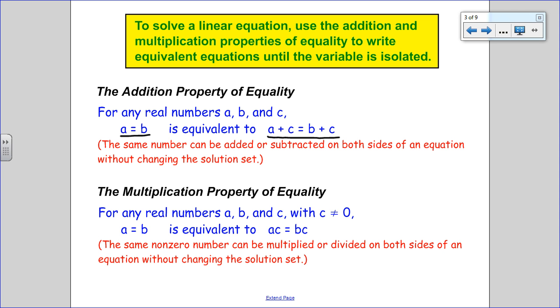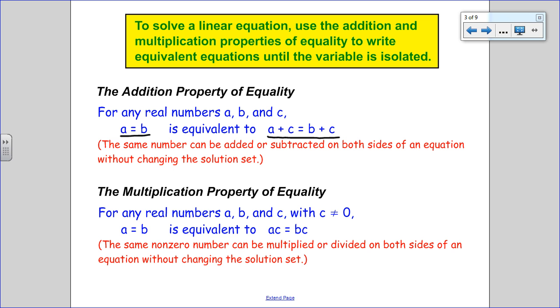To put this another way, the addition property of equality says that the same number can be added or subtracted on both sides of an equation without changing the solution set. This allows us to add or subtract a number on both sides of an equation and obtain an equivalent equation.